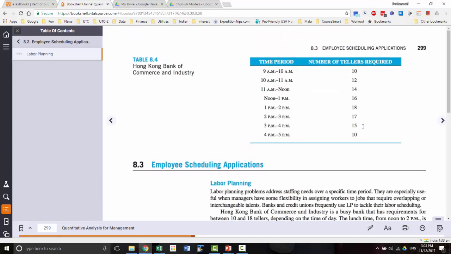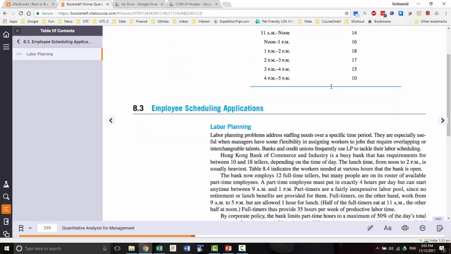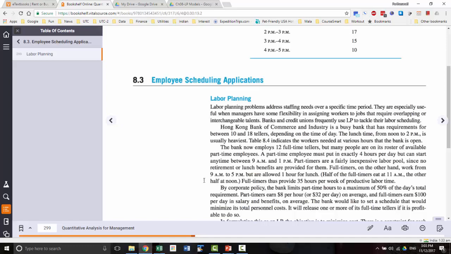We staff our teller operations using full timers, and the full-time workers work from 9 a.m. to 5 p.m., but they are allowed 1 hour for lunch.